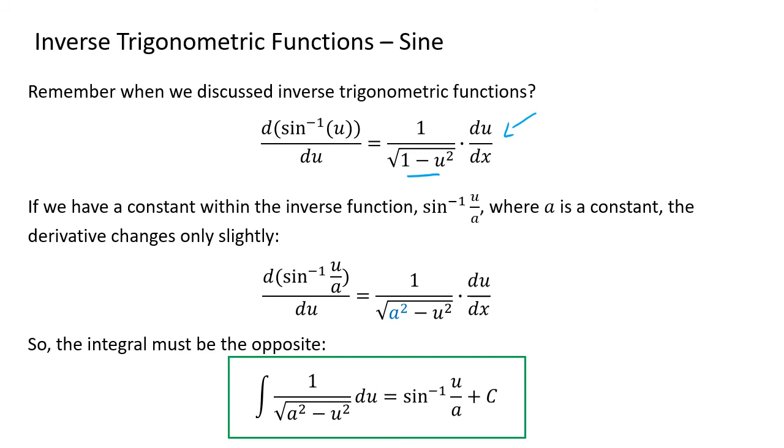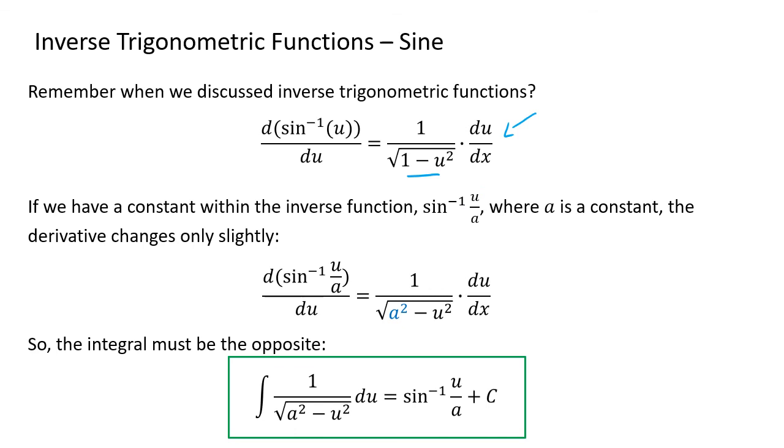Okay, in this case, I had our times du by dx. If we have a constant, in other words, the function is sine inverse of u divided by some constant a, the derivative is very similar.